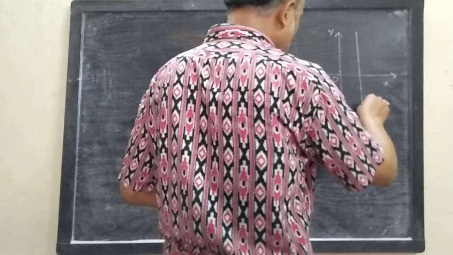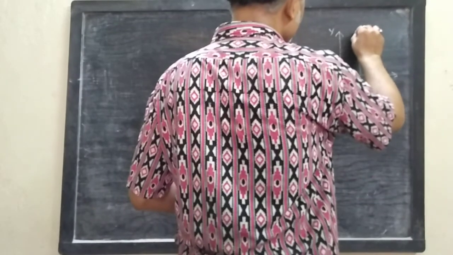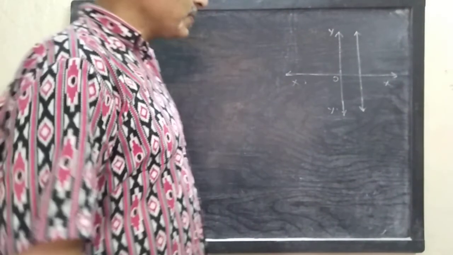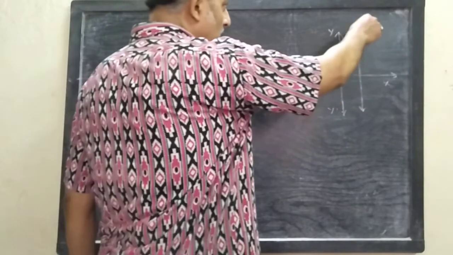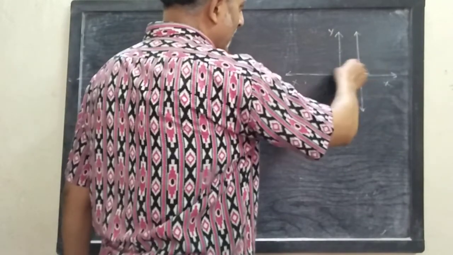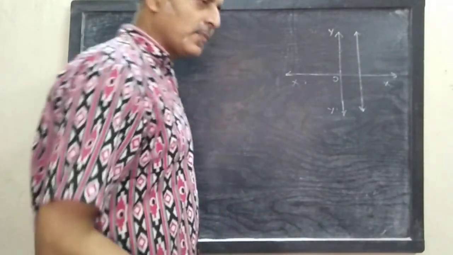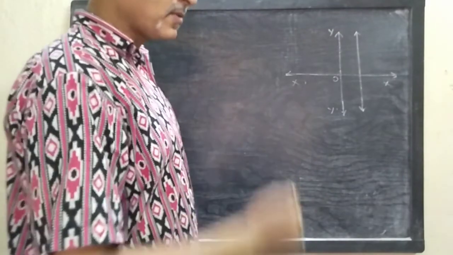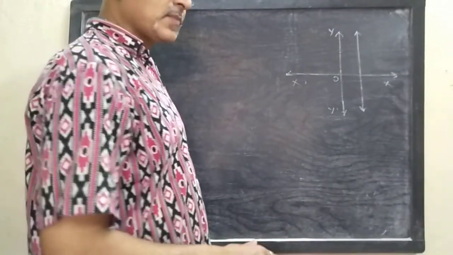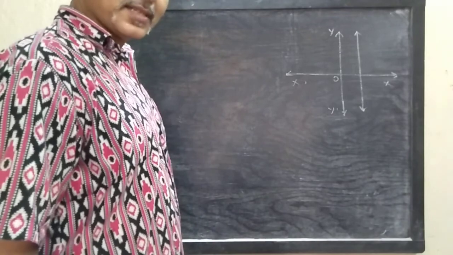Parallel to y-axis, we consider this line. And you know, when a line is parallel to y-axis, then all the points lying on this line have their abscissa fixed, because all the points will be at a fixed distance from y-axis. And you know, distance of a point from y-axis is defined as its abscissa.